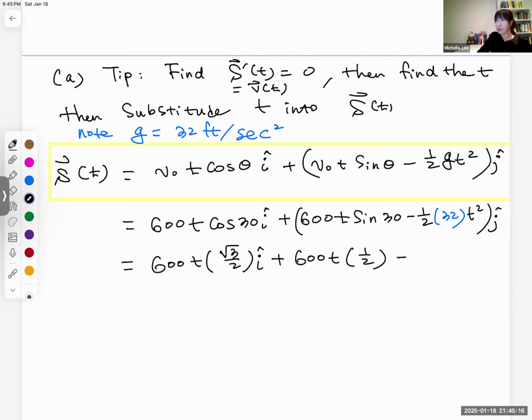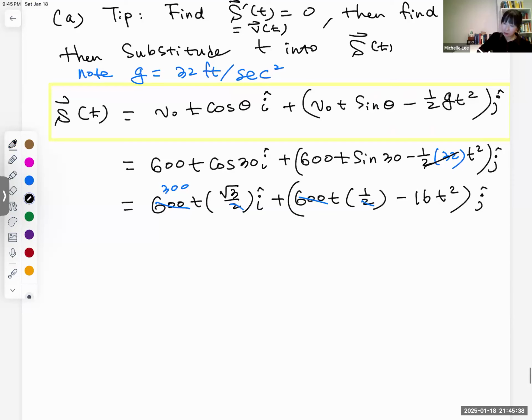Minus, simplify, which is 16t squared j hat. Okay, now simplify more. 2 goes into 600, 300 times. That's it, right? What else?